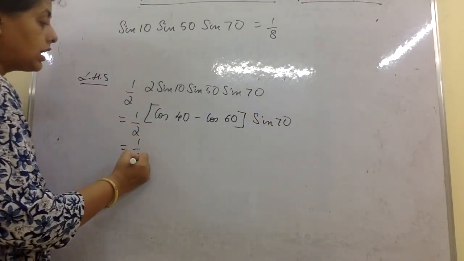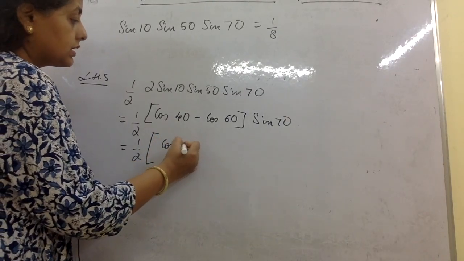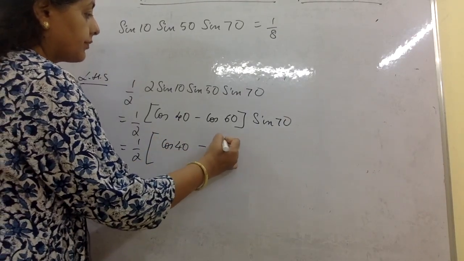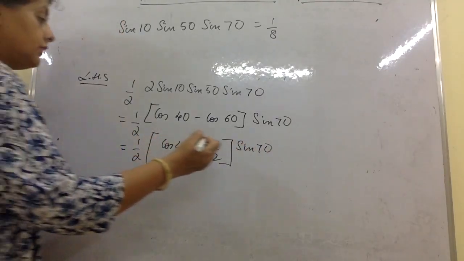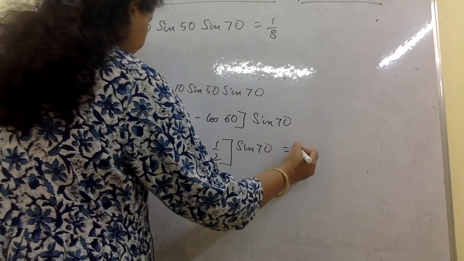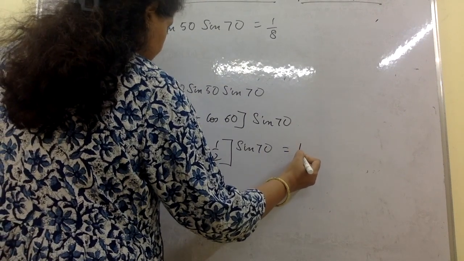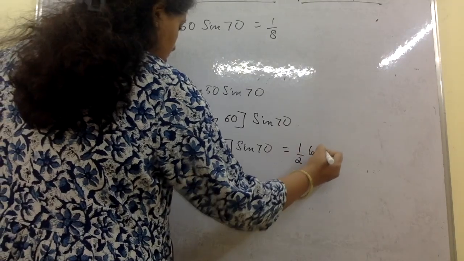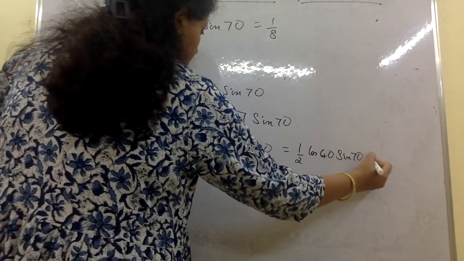This is equal to half cos 40, we don't know, but then cos 60 we know is a half, sine 70. This is equal to half cos 40 sine 70 minus 1/4 sine 70.